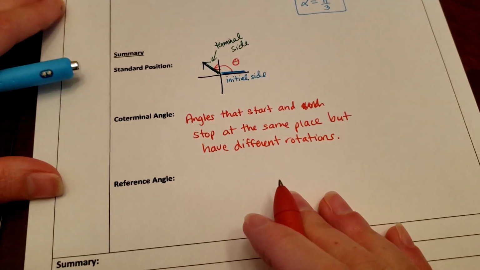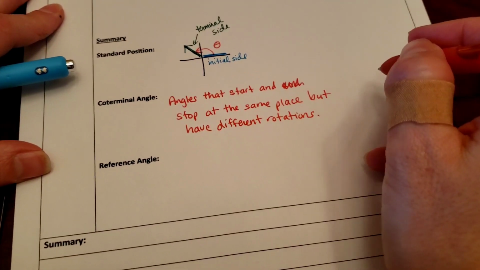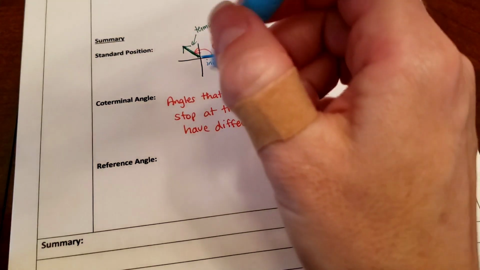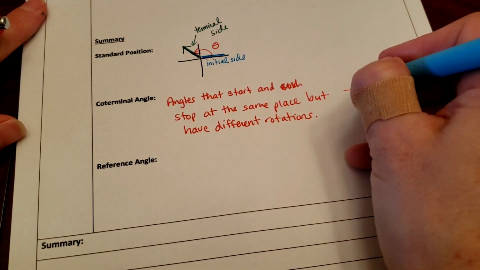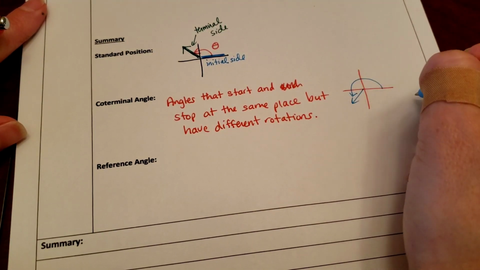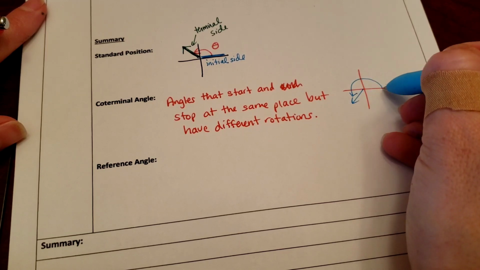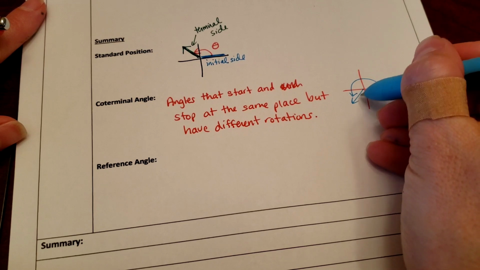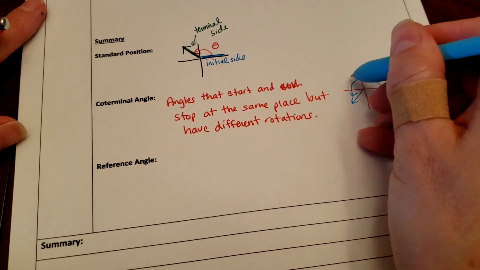Okay, so on a picture, the two angles, if they're coterminal, they will both look like, let's say, like this. They'll both go to here, but one might go a full revolution of 360 plus that, where one might not go that far, but they're both in the same spot, they just have a different amount of rotations that they take around.